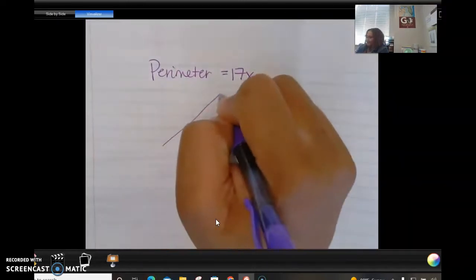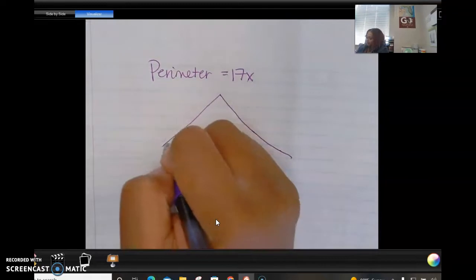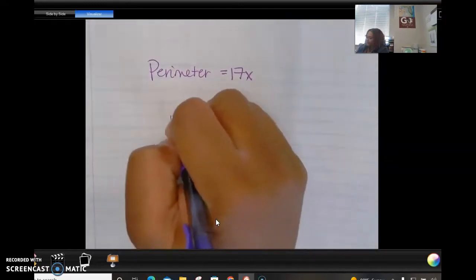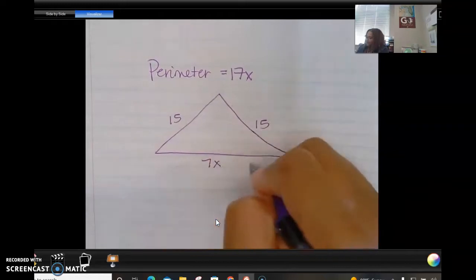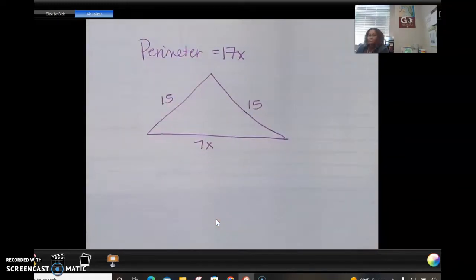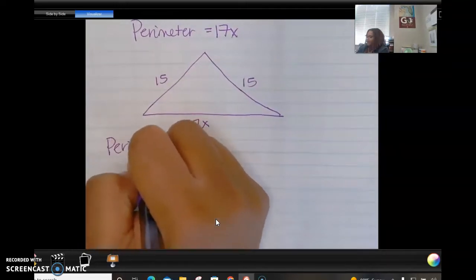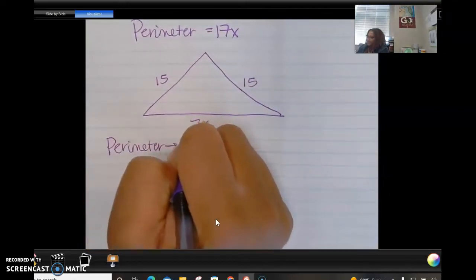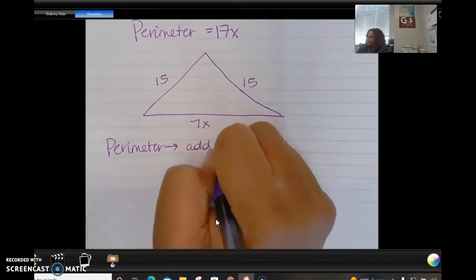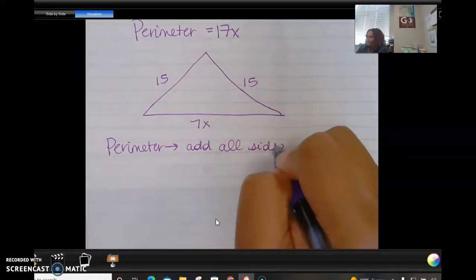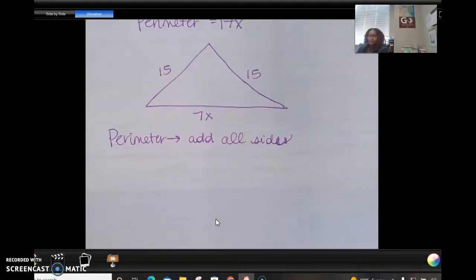I had my triangle, which had 15, 15, and 7x units. So in order to find the perimeter of my triangle, I need to add all sides.